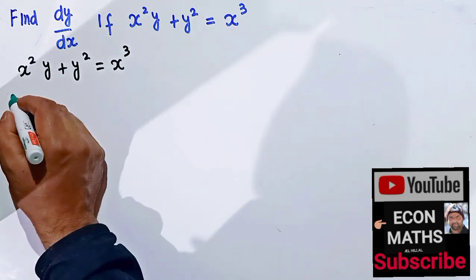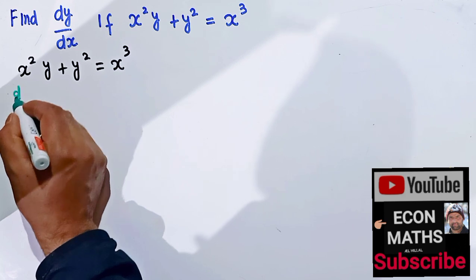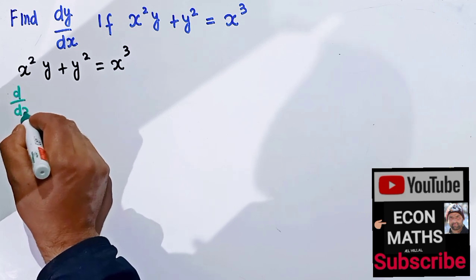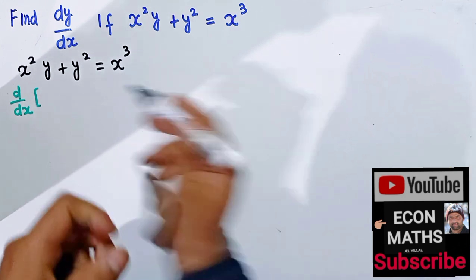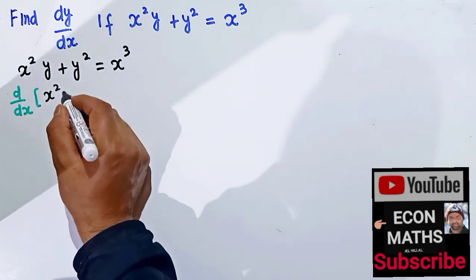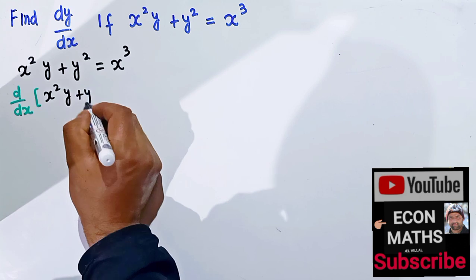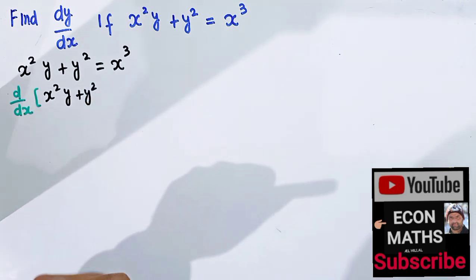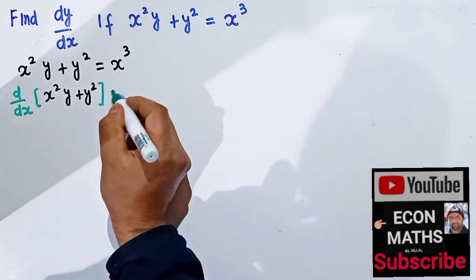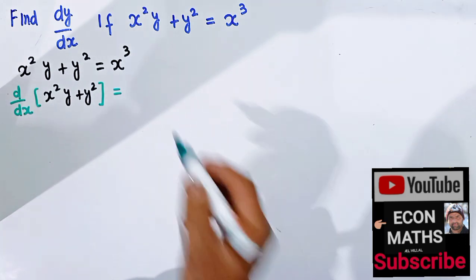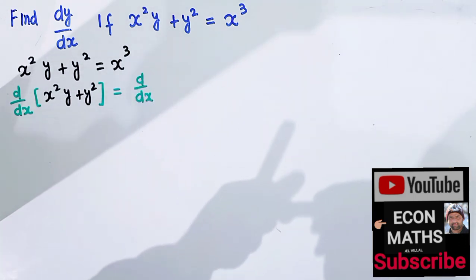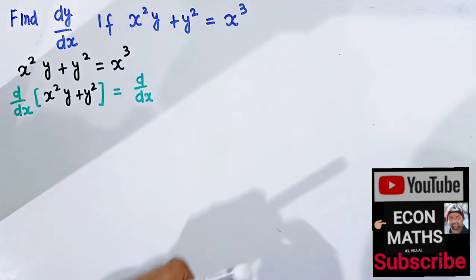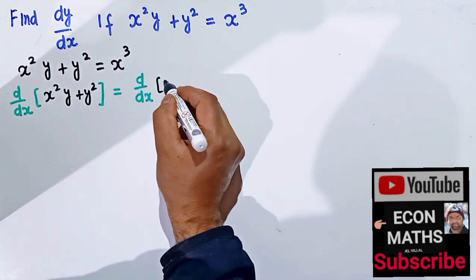So we can write, d upon dx of x square y plus y square is equal to d upon dx of x cube. Okay, we differentiate both sides by x.